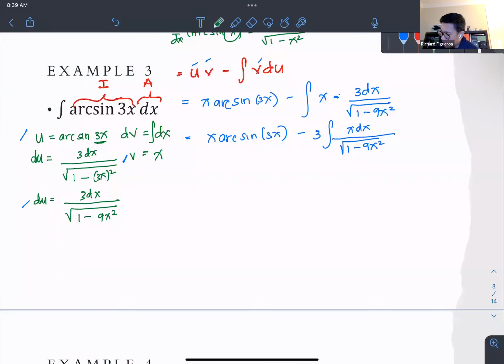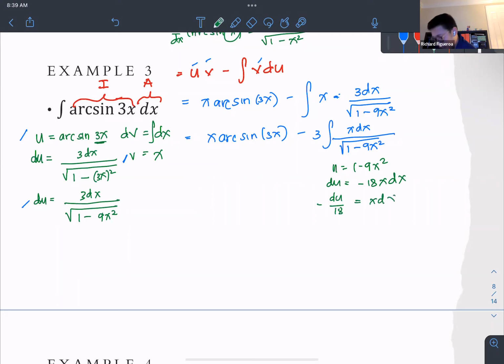So we can let siguro u to be 1 minus 9x squared. Our du then will be negative 18 x dx. So ayan, may x dx tayo doon. So most probably this would become negative du all over 18 is equals to x dx. Kapag nag-substitute tayo, so x arc sine of 3x minus 3, the integral of, ano yung x dx natin?